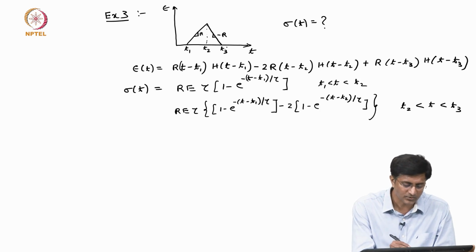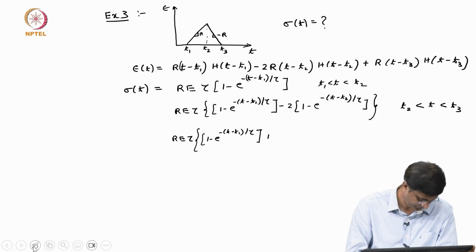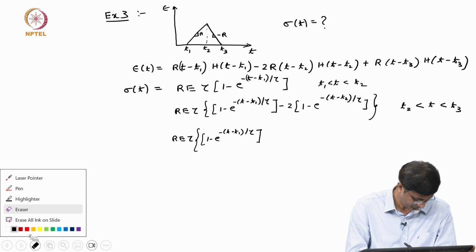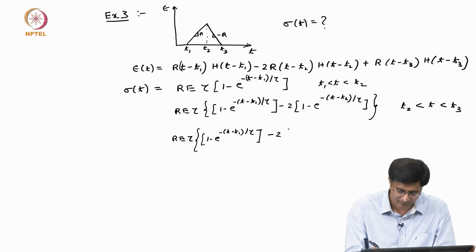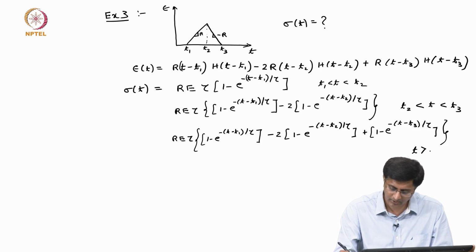And finally, for times above T3, it should be the sum of all the three inputs, which can be given as, and this is applicable for times t greater than T3.